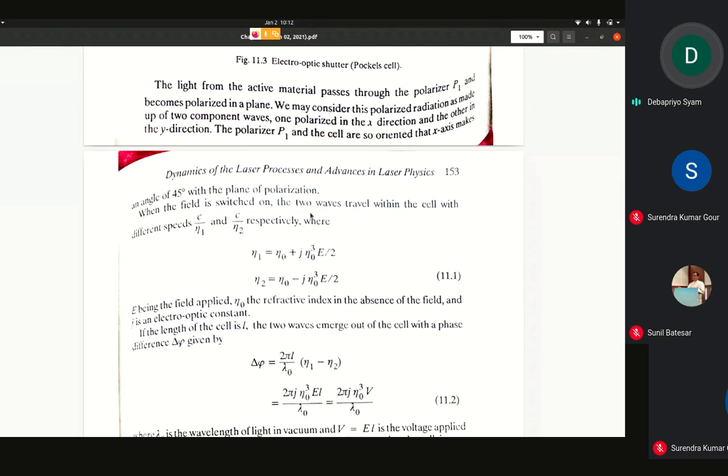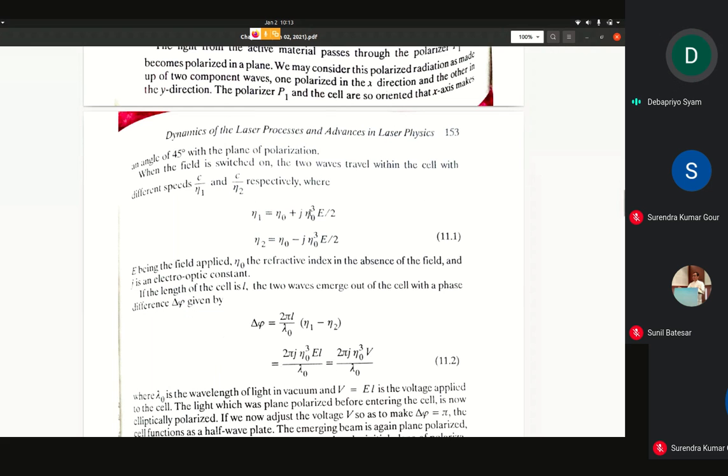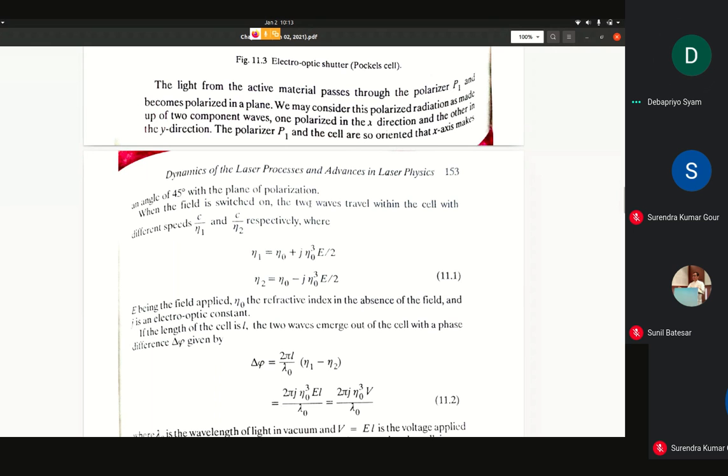That is what is achieved in the focal cell, whereas the Kerr cell is so designed that the phase gain of the y component with respect to the x component is only pi by 2.